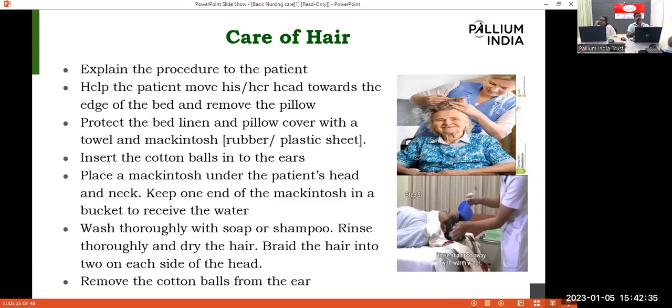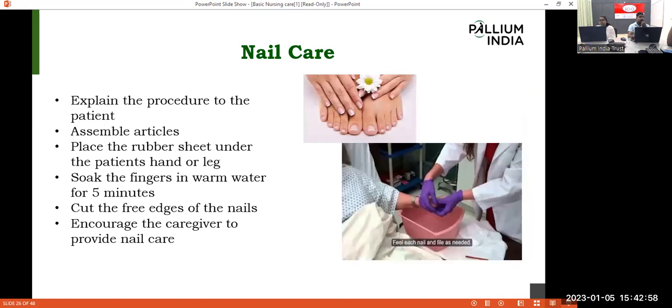After proper drying, we can tie it safely, if possible on two sides. Only after the completion of the hair wash, remove the cotton balls from the ears. Actually, we put the cotton balls in the ears to avoid water entry into the ear.